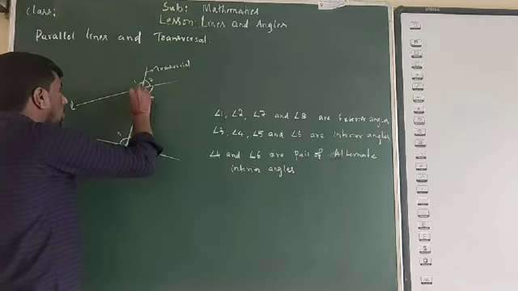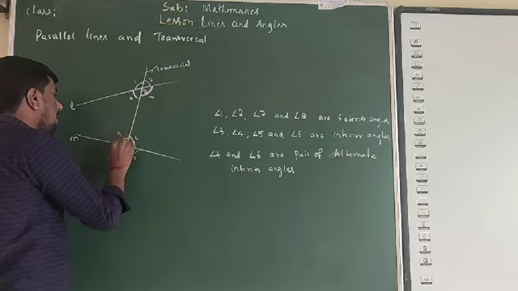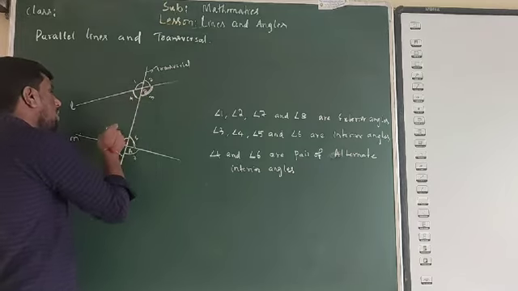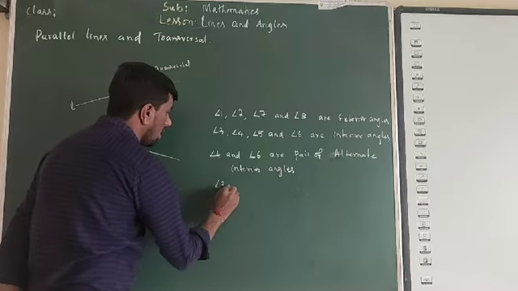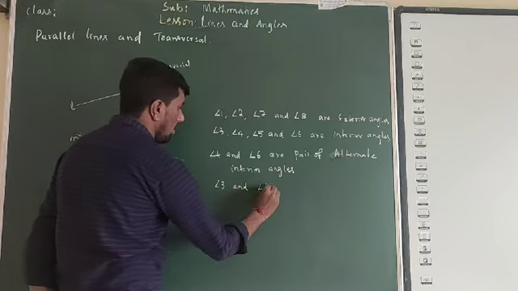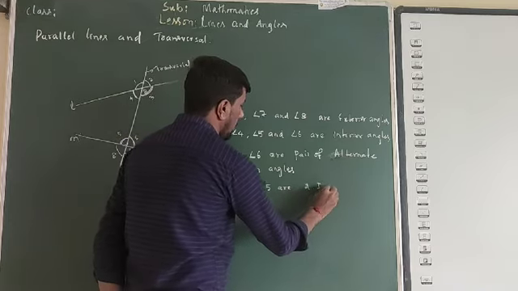Similarly, like angle 4 and angle 6, what about angle 3 and angle 5? Both are interior, but they are opposite, therefore it is alternate interior angles again. So angle 3 and angle 5 are alternate interior angles.